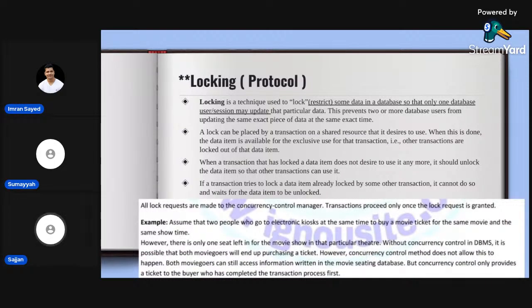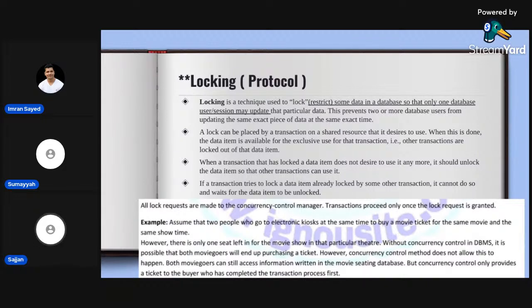So, all lock requests are made to the concurrency control manager. The transaction proceeds only once the lock request is granted. Example: assume that two people go to an electronic kiosk at the same time to buy a movie ticket for the same movie and the same show time. However, there is only one seat left in the movie show in the particular theater.